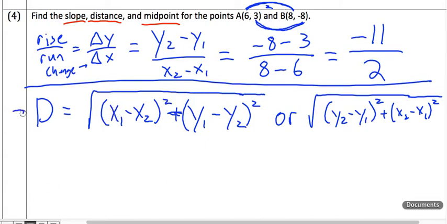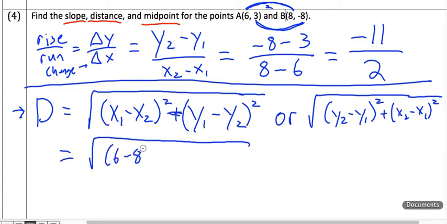We're going to use this first version of the distance formula for this specific item. So let's start plugging in our values. We're going to have the square root of, and then x1 minus x2 means 6 minus 8. We'll square that. Plus y1 minus y2 means 3 minus -8 squared.